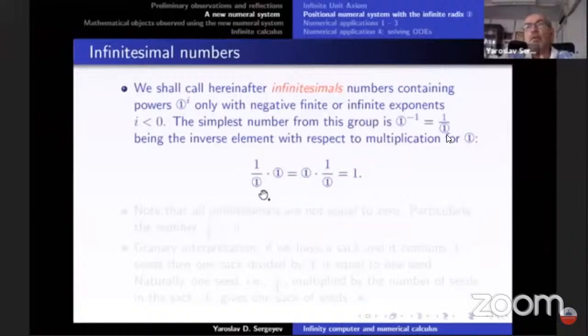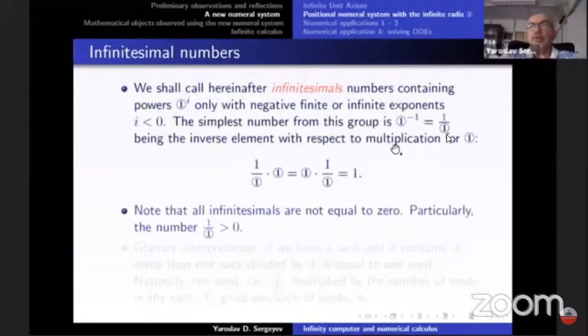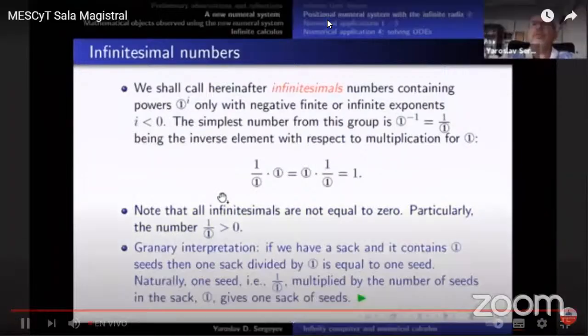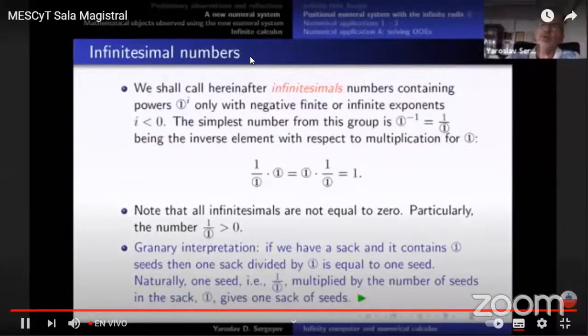The simplest infinitesimal is 1 over gross 1, that is the inverse element with respect to multiplication. And all infinitesimals are not equal to 0. For example, this number is positive because it is the result of the division of one positive number by another positive number.